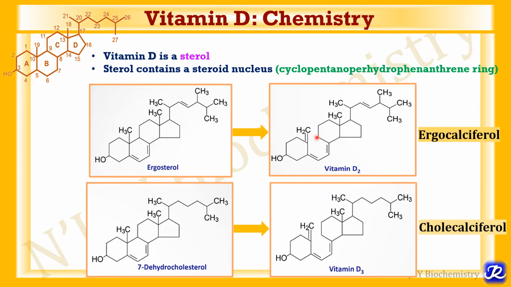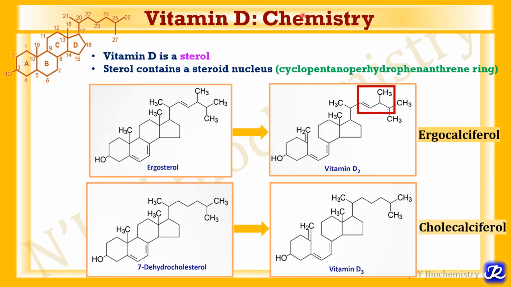So here there is a breakdown of the bond and an intramolecular rearrangement of double bonds. You can see the difference between 7-dehydrocholesterol and cholecalciferol is the scission of the double bond between 9 and 10.